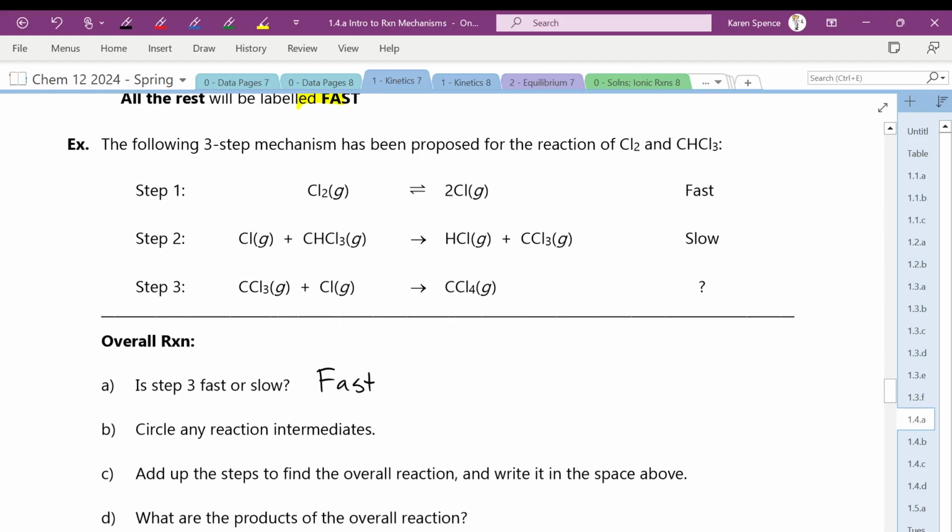Okay, circle any reaction intermediates. So if you could please circle any reaction intermediates. And then once you've done that, you're going to add up the reactions to give the overall reaction. So we're working through these little steps here, okay?